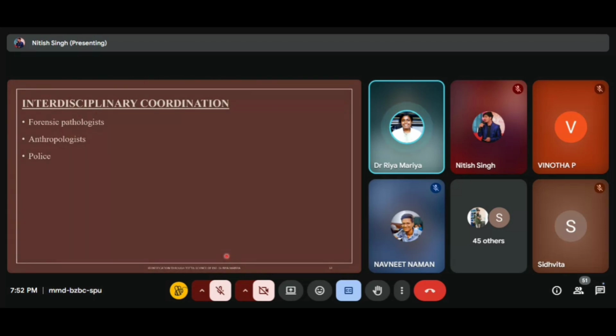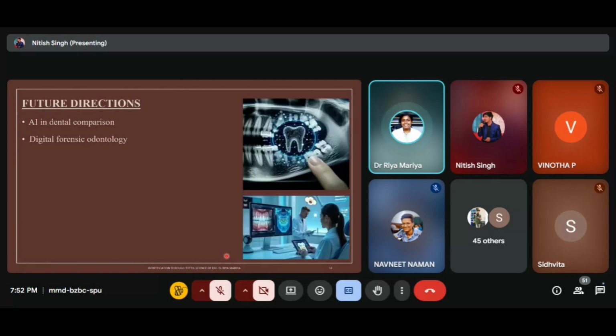Veterinary, forensic pathologist, anthropologist, so everyone will work together. And future, that is AI.